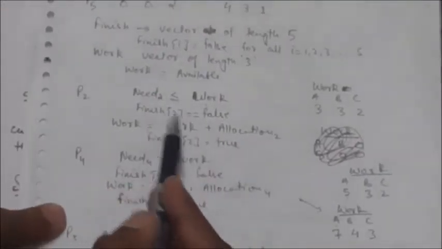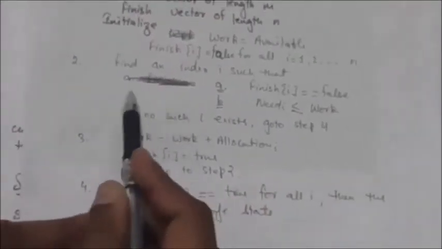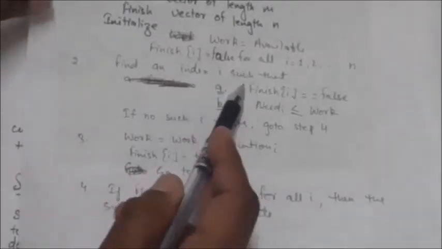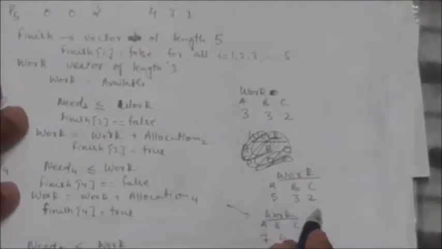Then again we have to repeat this second step. Again we have to find an index which will satisfy these two conditions. So now the value of the work vector is 5, 3, 2.